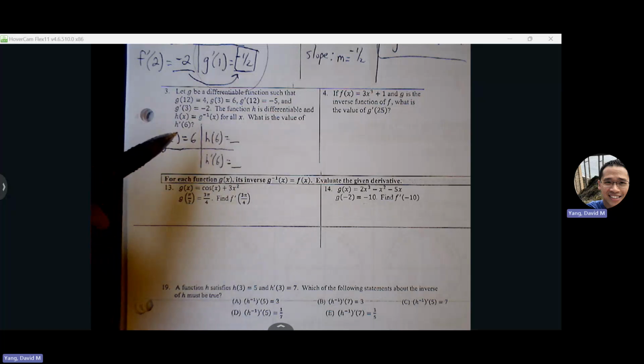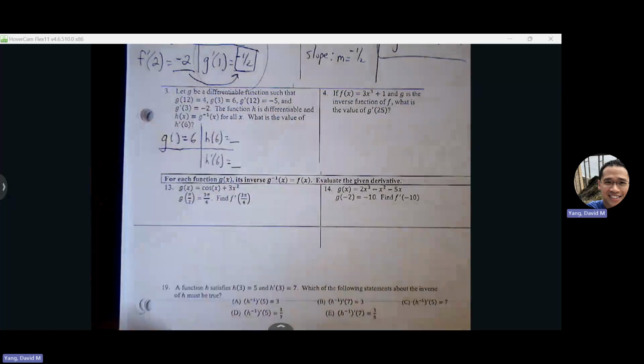There are some ordered pairs that we're not going to use, trying to throw you off.